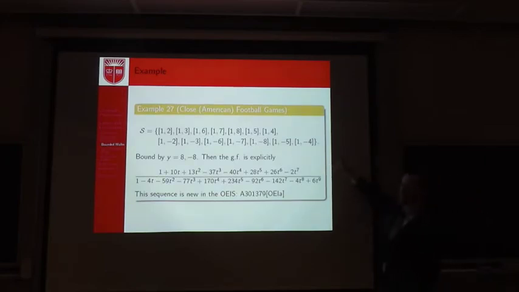So if we're saying they're close games, we bound that above by 8 and below by -8, basically saying you're never more than one score away from being tied, then the generating function is explicitly given by this. And that's just counting the number of ways the game ends, and you're within one score of each other.